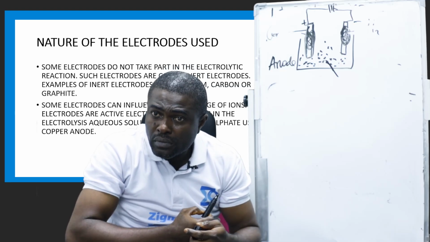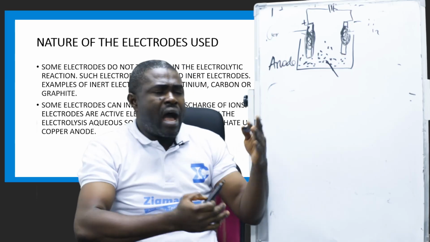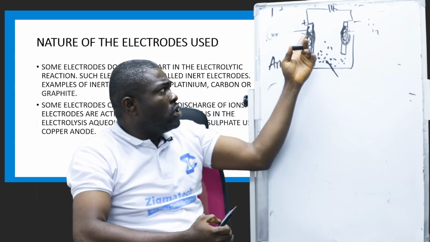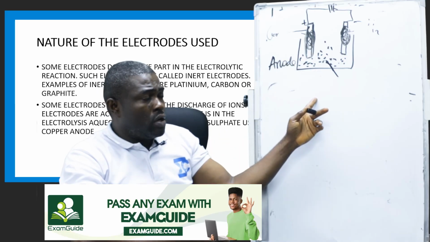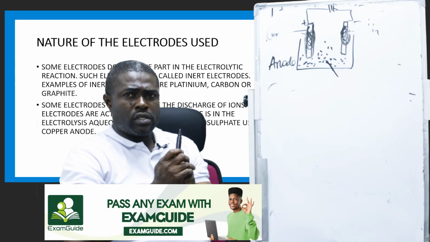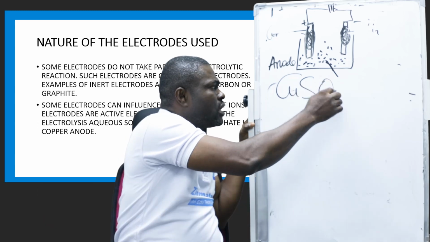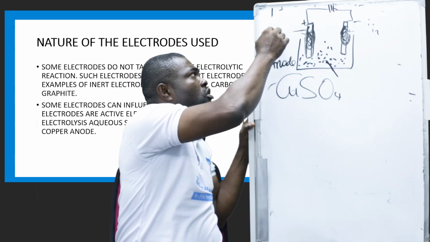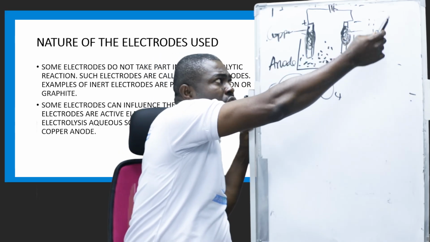What will happen now is this. At the anode, if you use copper, the copper will dissolve. Just one example to round up this. If I have copper 2 sulfate and this electrode is made up of copper, maybe this one is made of another thing, even if it's copper, no problem.